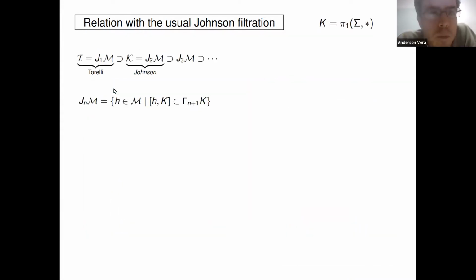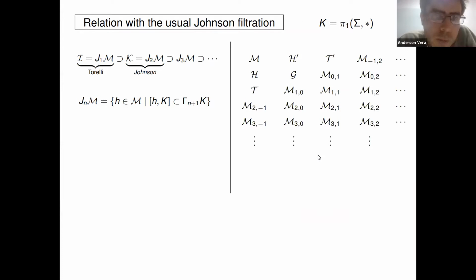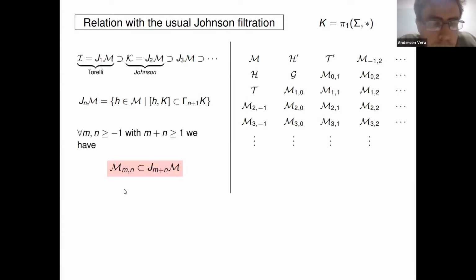Now let me say some words about the relation with the usual Johnson filtration. Here we have the Johnson filtration, which is defined using the lower central series, and here the double Johnson filtration defined using the double lower central series. By definition, the mn term of the double Johnson filtration is contained in the m plus n term of the Johnson filtration. For instance, all this diagonal is contained in the first term of the Johnson filtration, which is the Torelli group.